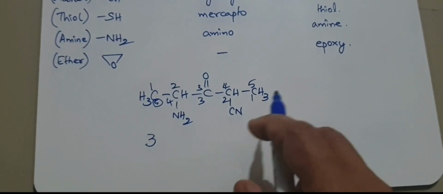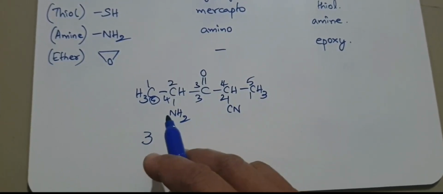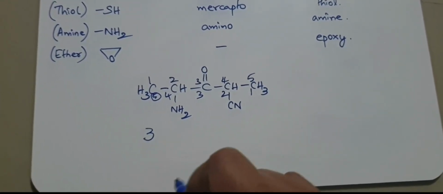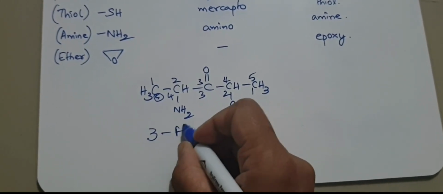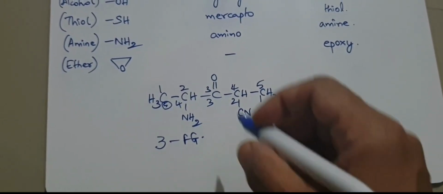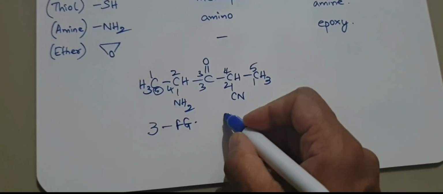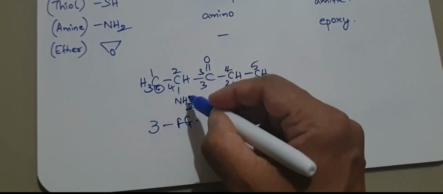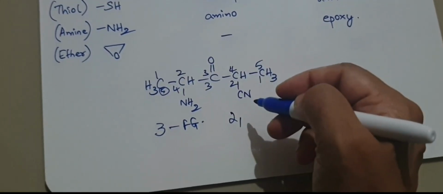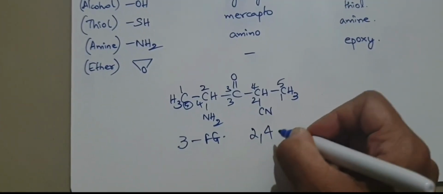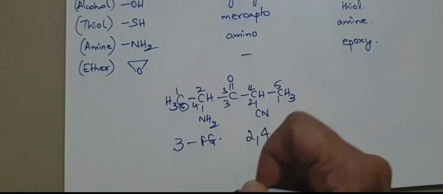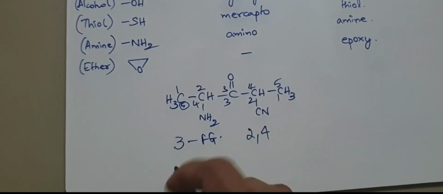So if you take the numbering from the right hand side also, you will get the position of the functional group as 3. And if you take the substituents from the left hand side, you are getting amino at position 2 and cyano at position 4, isn't it?